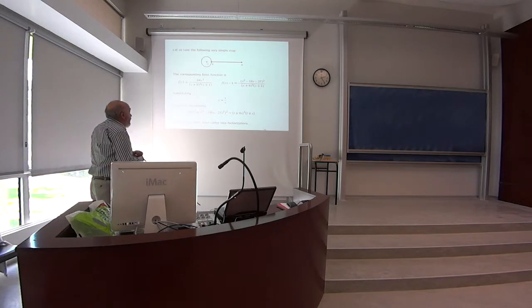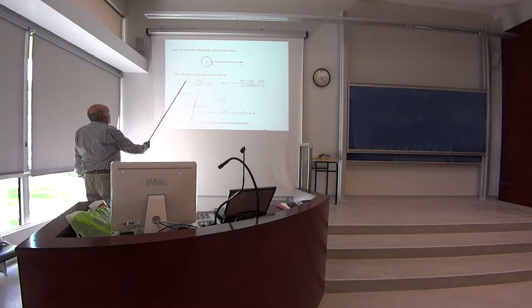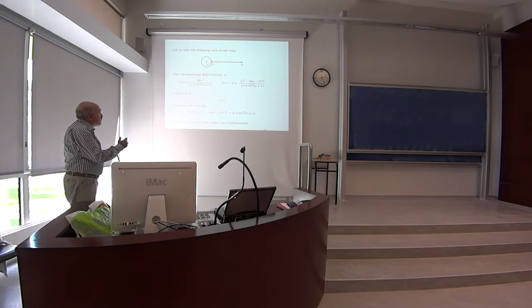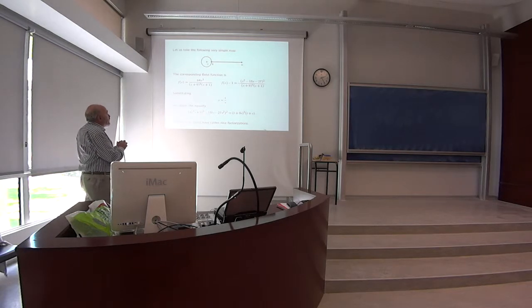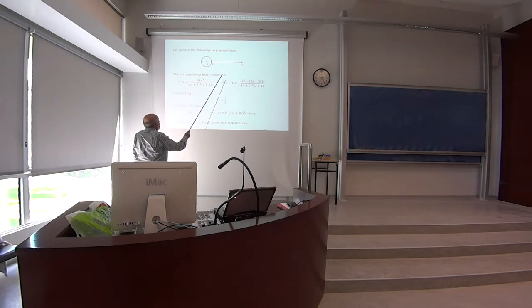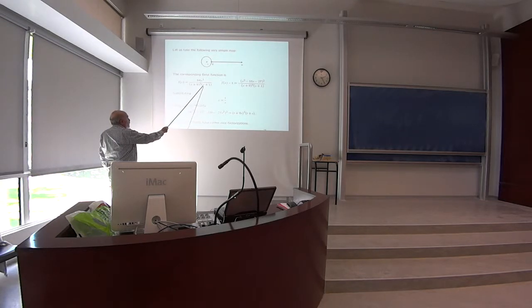So let us take this map. 2 edges if we consider it as a usual map, or 4 edges if we do not forget about the black and white structure. There is a white vertex here and a white vertex here, both of degree 2.